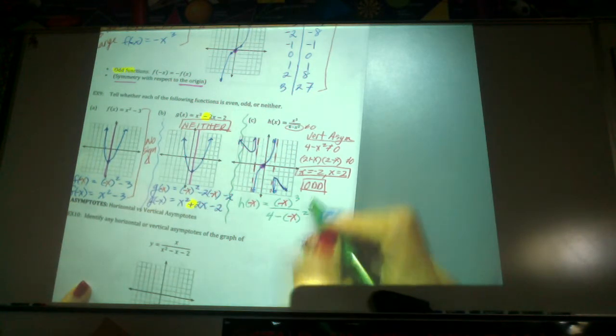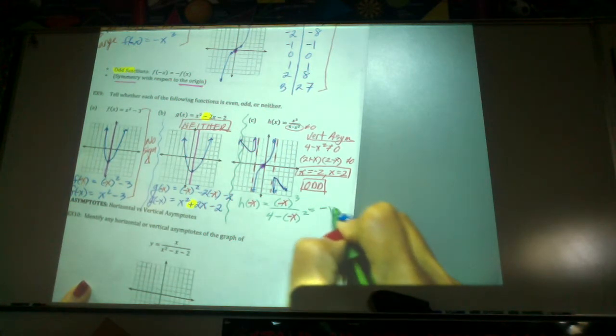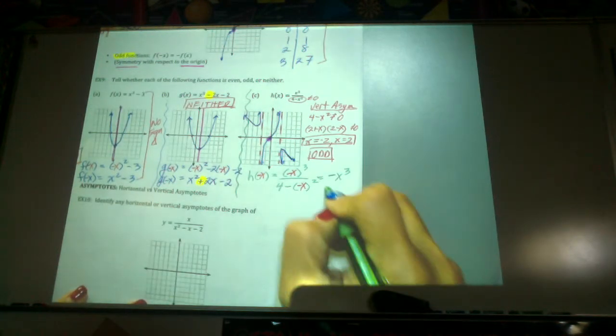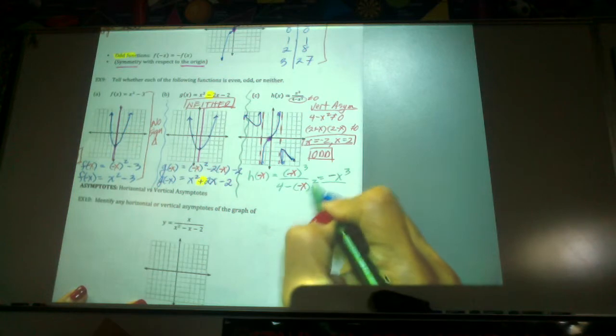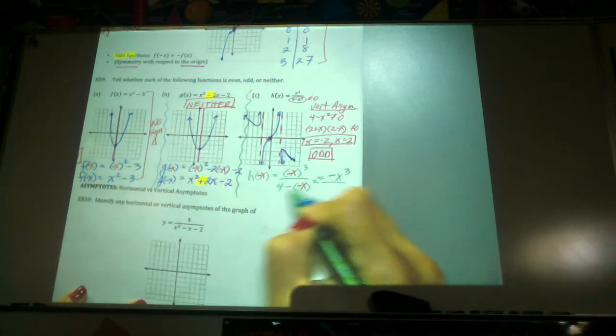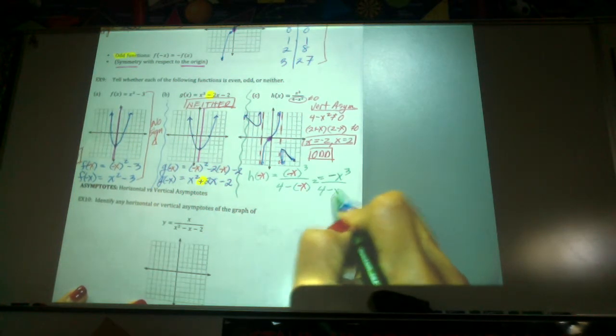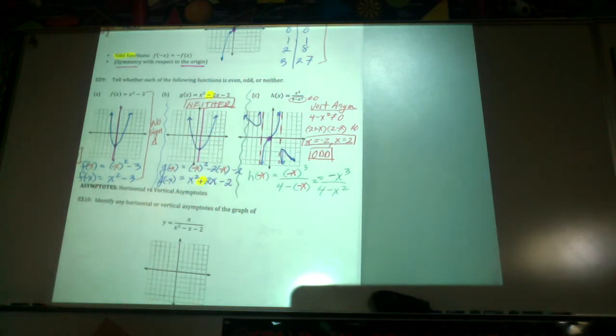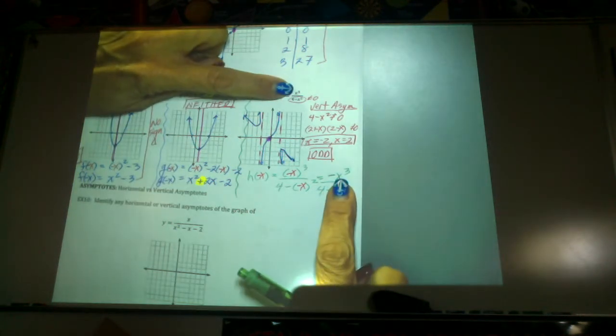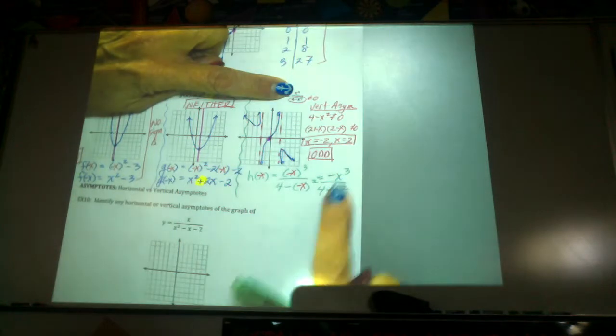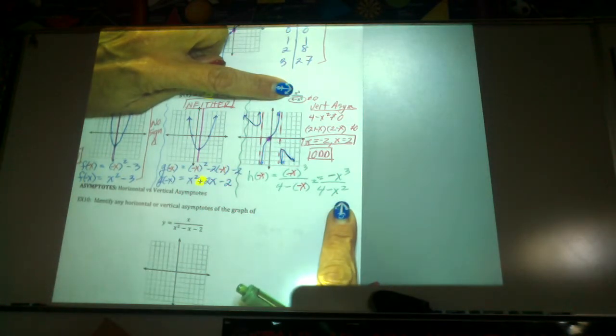I end up with, in the numerator, a negative x cubed. And in the denominator, this negative x squared becomes a positive x squared, but there's a minus in front of it. So it appears as if the numerator has changed signs, but the denominator has stayed the same.